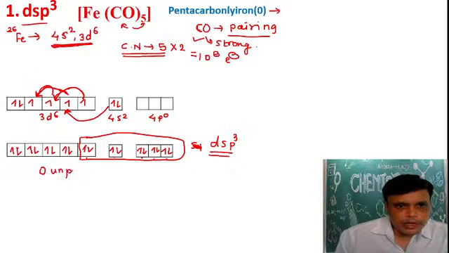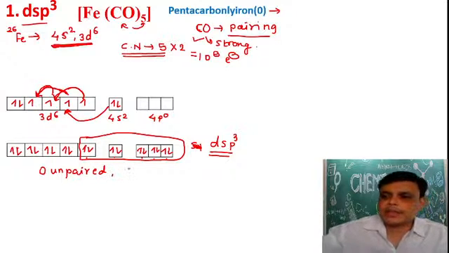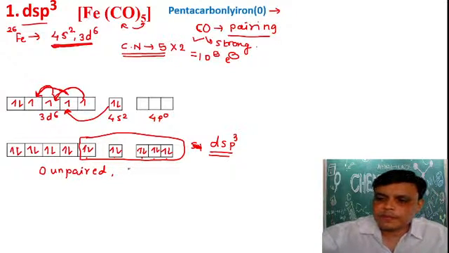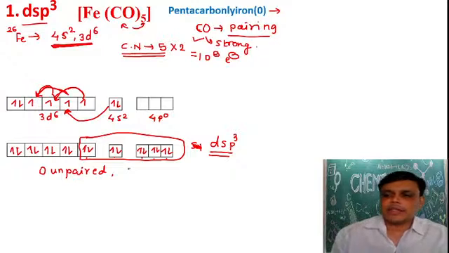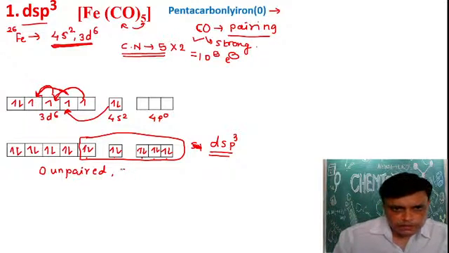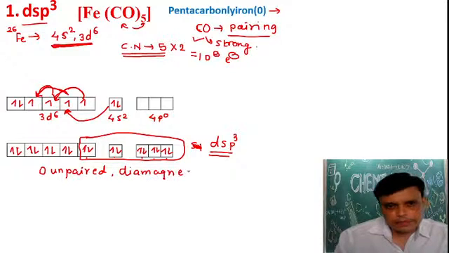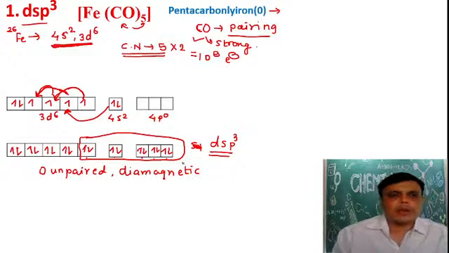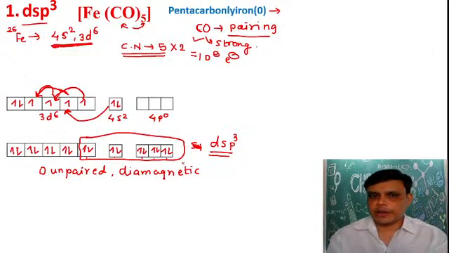That means the complex is diamagnetic. Yes or no? The complex is diamagnetic because there are 0 unpaired electrons present.